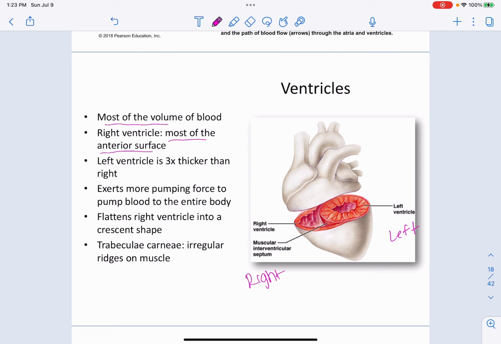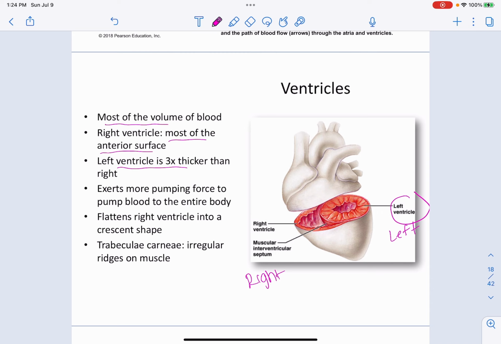However, the left ventricle, and this is one way to orient the heart anytime you're looking at the heart, whether it's a model or the dissection, when we do the dissection of the heart, the one telltale sign is that the left ventricle is 3 times thicker than the right. So the left ventricle is 3 times thicker.